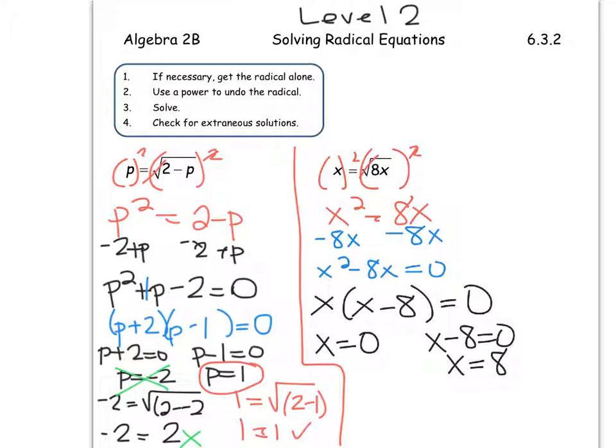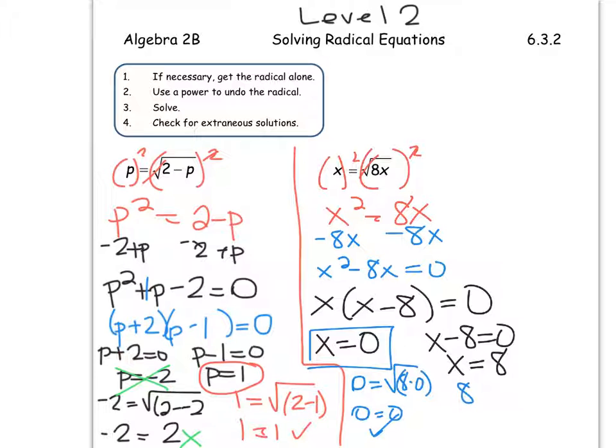And then I do my check. So again, I have to put the answer I got in for both of my x's. So here I would get 0 equals 0. I would type in the square root of parentheses x minus 8 minus 0 in my calculator. And I would get that, which means that x equals 0 is working out.